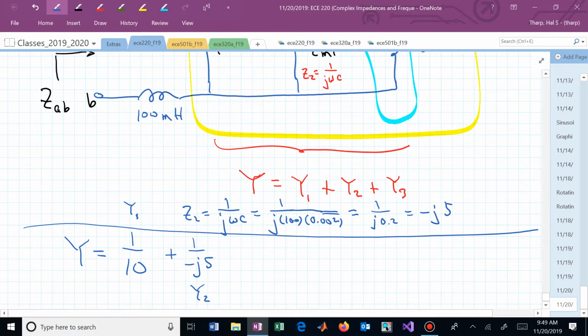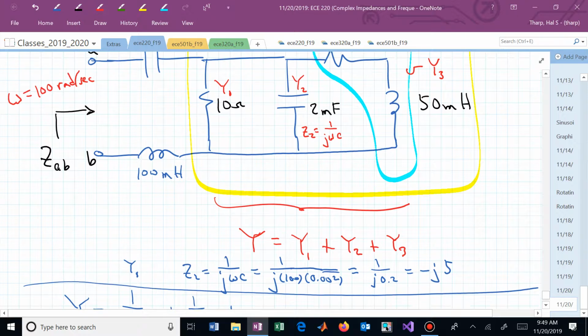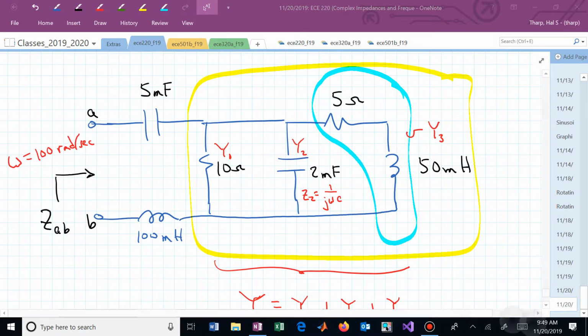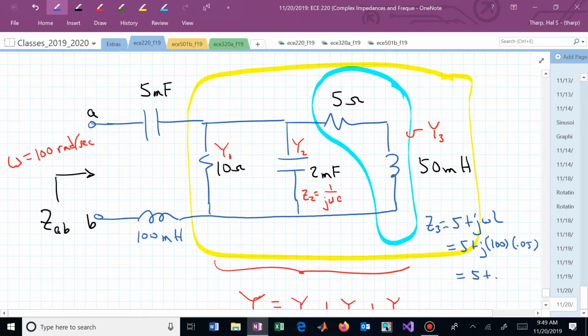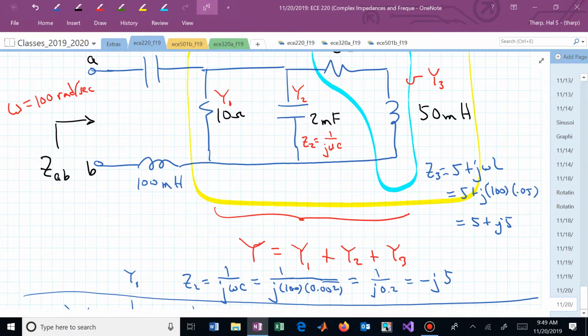And what's Y sub 3? Well, what's Z sub 3? Z sub 3 is now 5 plus J5.